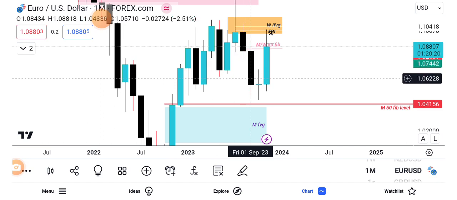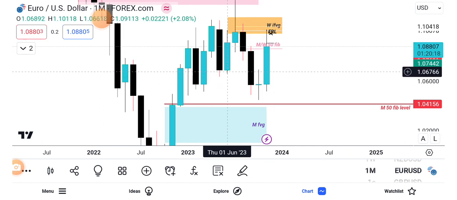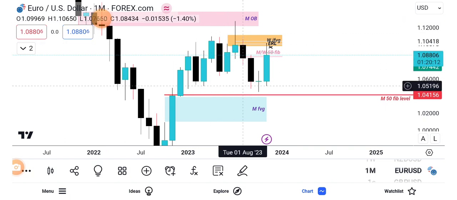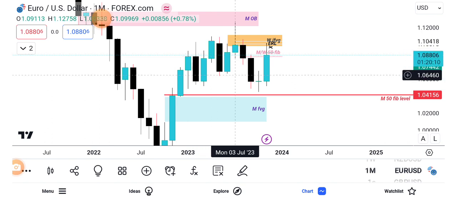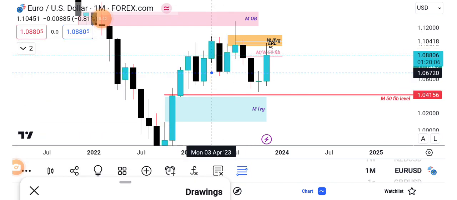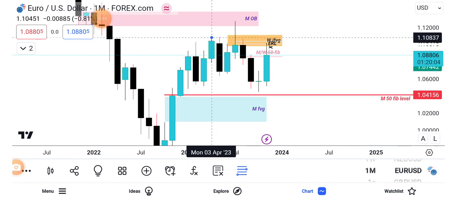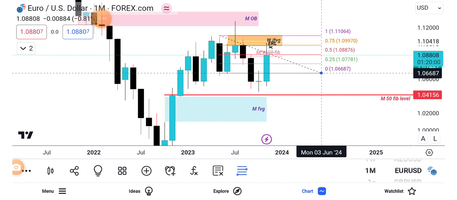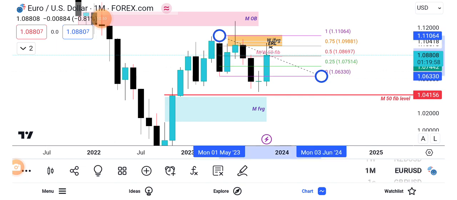Okay, and then also it has already tapped inside this breaker, this higher low, higher high. So we have this breaker whereby from before I wanted to see price close below the consequent encroachment of this breaker.